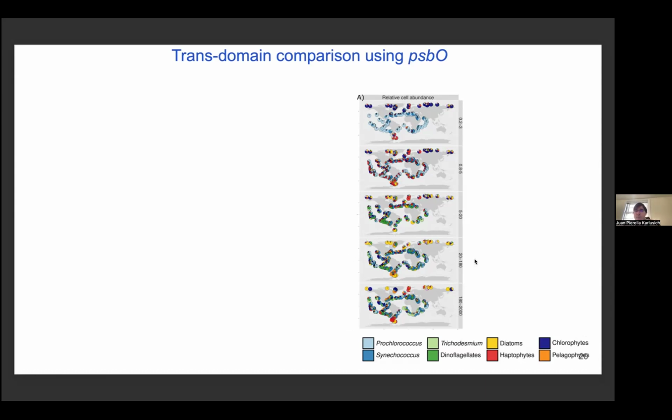But in addition to all these patterns that make sense, it was interesting and unexpected to find a high abundance of Synechococcus in the larger size fractions, and also Prochlorococcus, of picocyanobacteria.